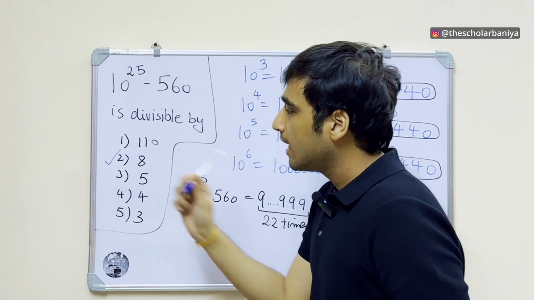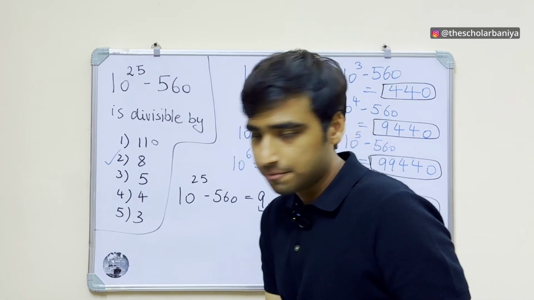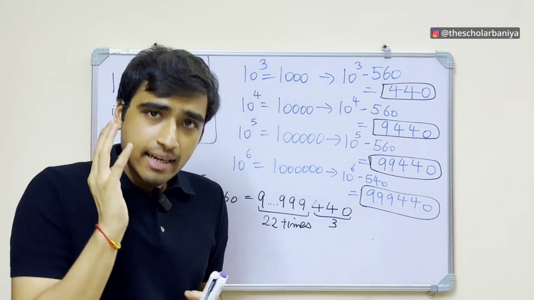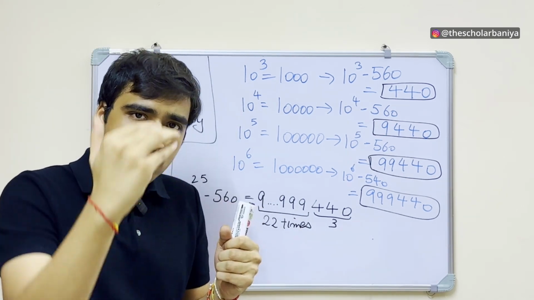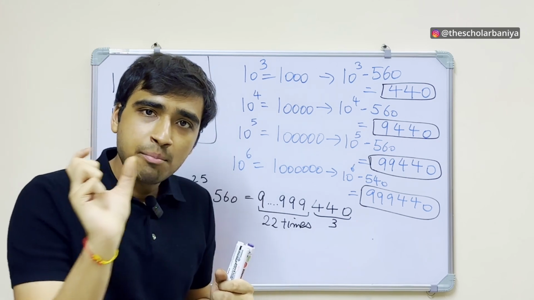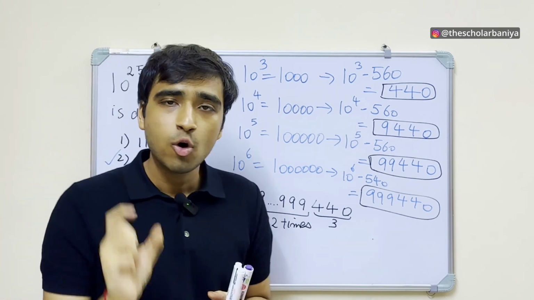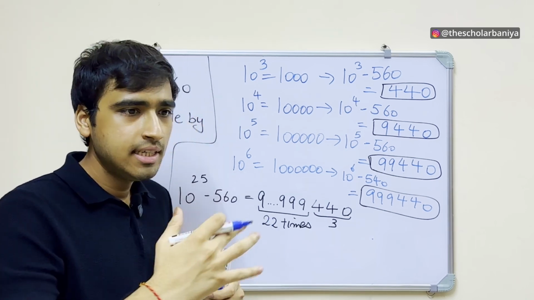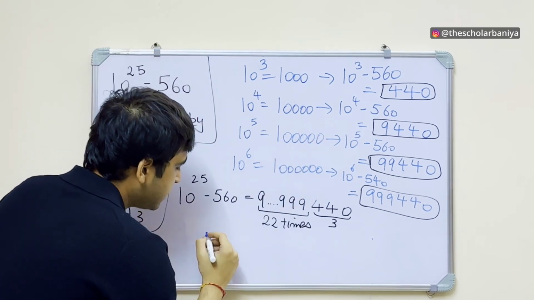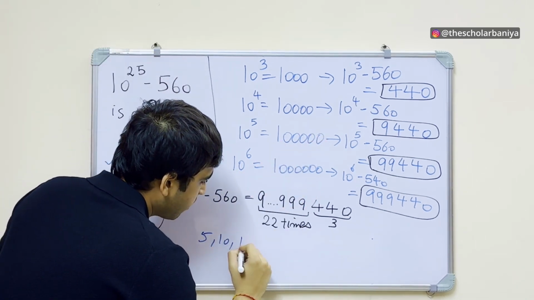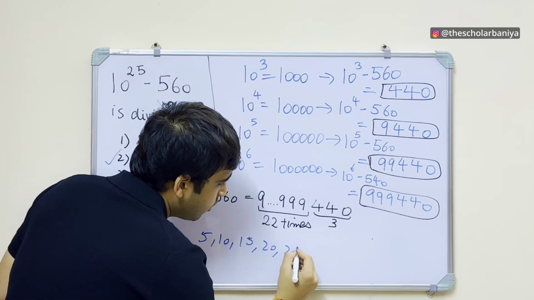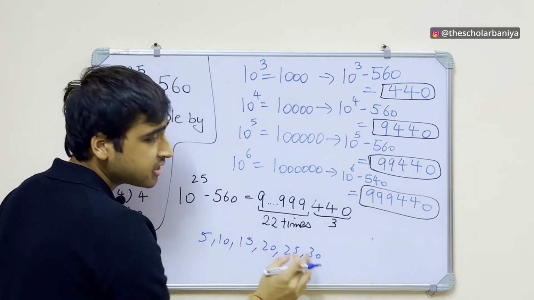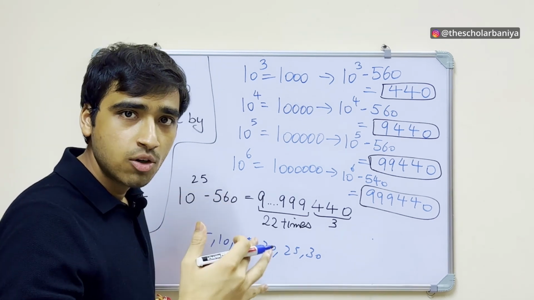Right. Now let's talk about the number 5. If any number is divisible by 5, then the number should either end with 5 or end with 0. For example, if you see the table of 5, you can see 5, 10, 15, 20, 25, 30. In all these numbers, the last digit is either 0 or 5.